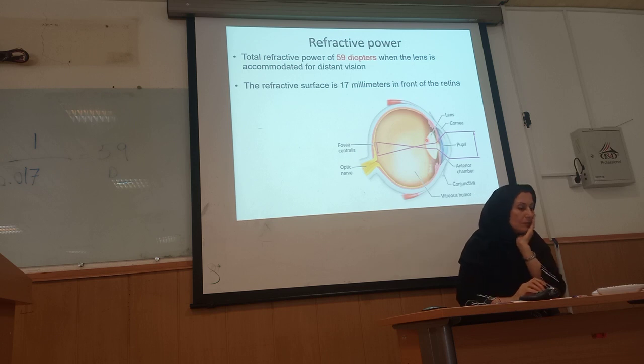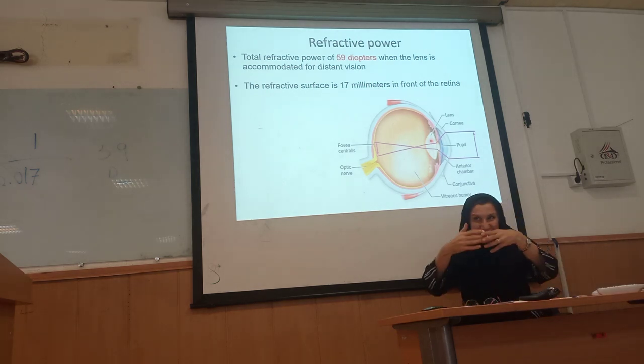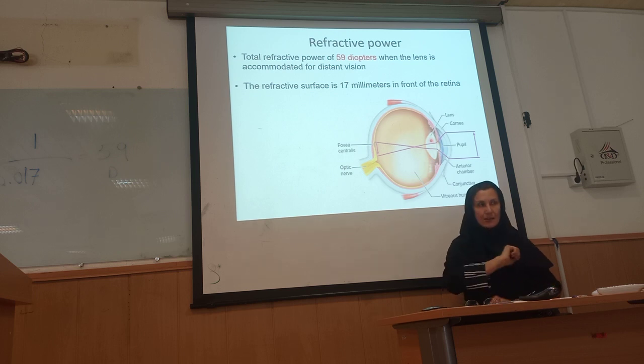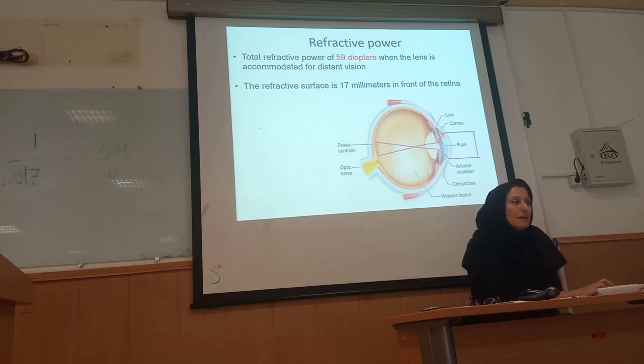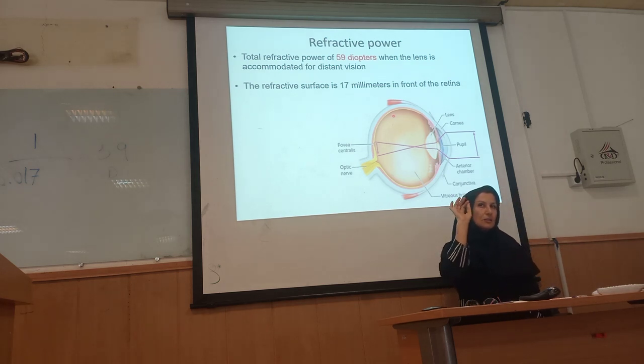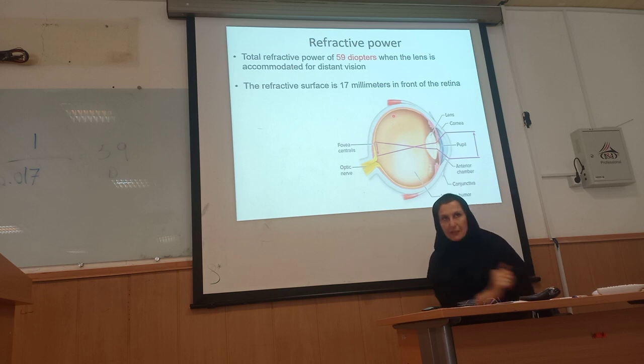But something important, we have two main structures in front of our eye that bend the light rays. What are they? Cornea, and the other is lens. When we see something far away, the refractive power is, for example, about 60 diopters.